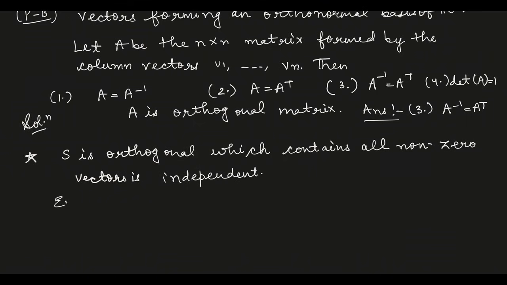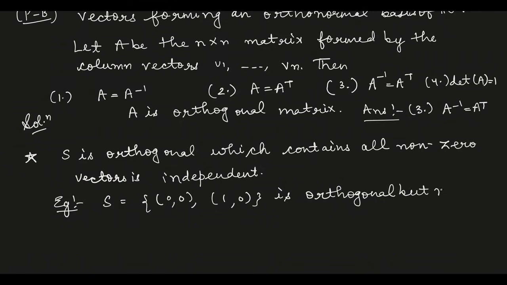For example, if I take an example of 0, 0 and 1, 0, clearly it is orthogonal, but not linearly independent, because it contains the vector 0, 0.